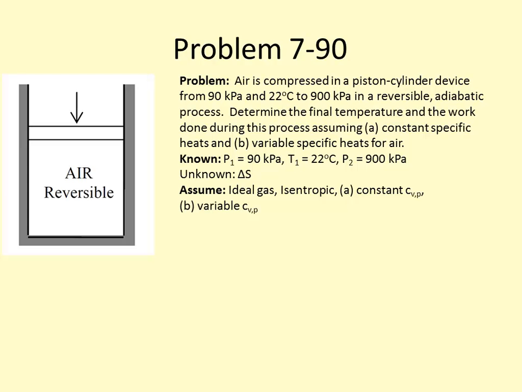Okay, so it's important to understand, number one, in which cases you can apply different types of equations. So if it's a liquid or a solid, meaning it's an incompressible substance, then you can use a certain set of equations. If it's an ideal gas, you can use another set of equations. If it's an isentropic ideal gas, then there's an additional set of equations that you can use.